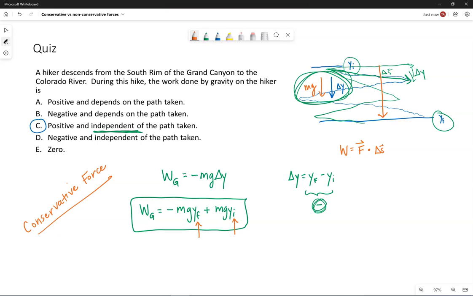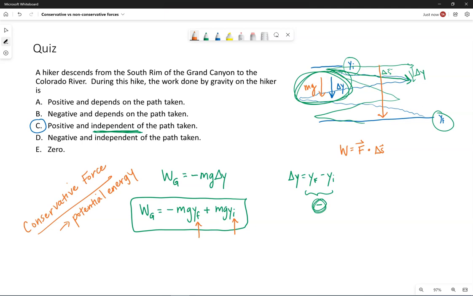With conservative forces, we are going to be able to talk about these in terms of what we call potential energy. So this is leading us into chapter 10. Chapter 10 is going to replace this work done by gravity with potential energy terms.